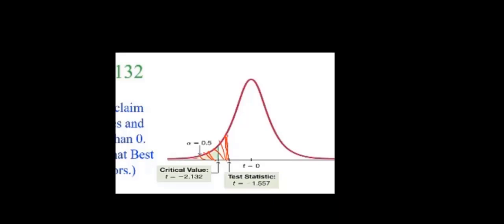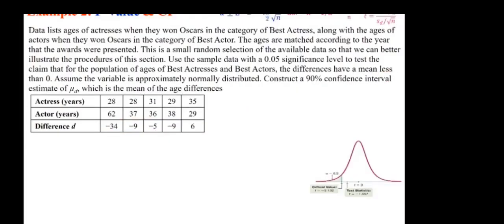And remember, because it's a t-distribution, it's a limited table. But conceptually, you've dealt with that, so it shouldn't be a big deal. So having said that, this is the same question. We're not going to repeat that. Everything is there. We want to calculate the p-value. We want to calculate the confidence interval and so forth.